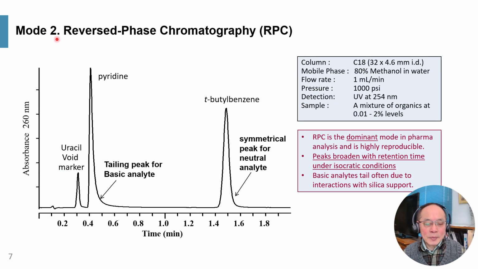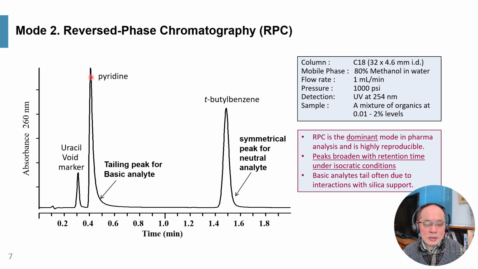Here is an application of reverse phase chromatography, shown in a separation of a mixture with 3 components. The first component is uracil, which is called a void marker, designating the void volume of the column.